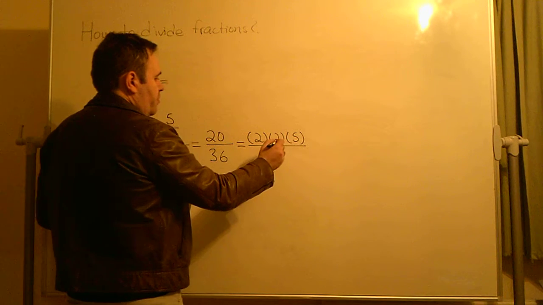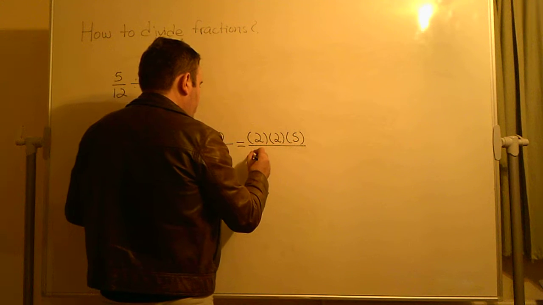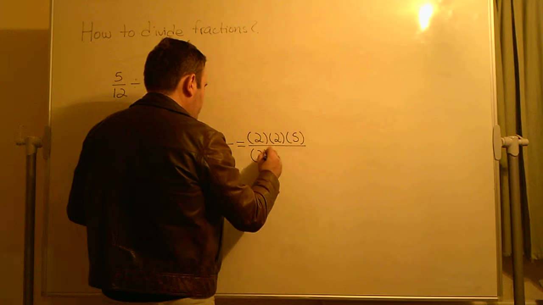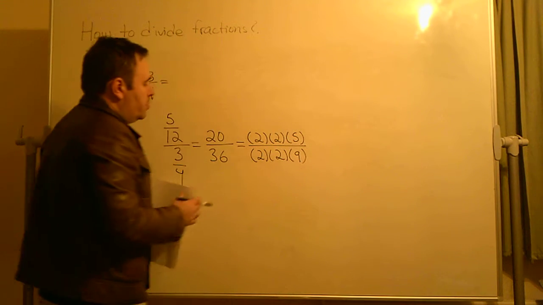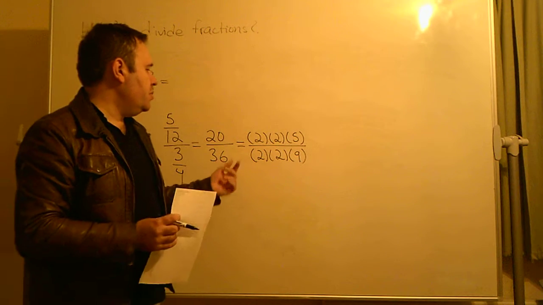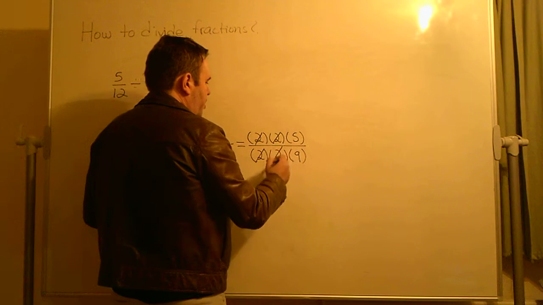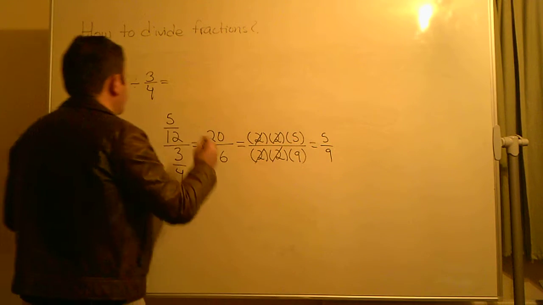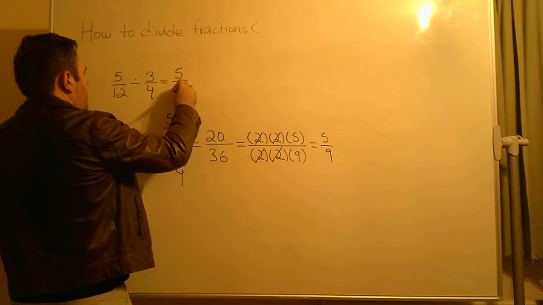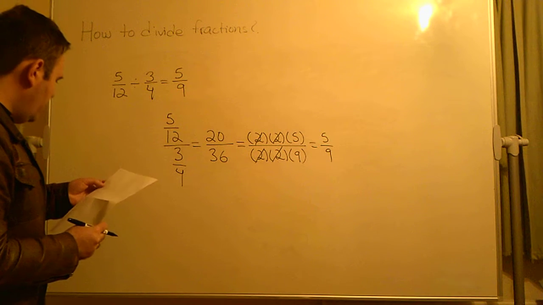Okay, because 2 times 5 is 10, times 2 is 20, and 36 would be equal to 2 times 2 times 9, because 4 times 9 is 36. So 2 divided by 2 is 1, 2 divided by 2 is 1, and then the final result would be 5/9.